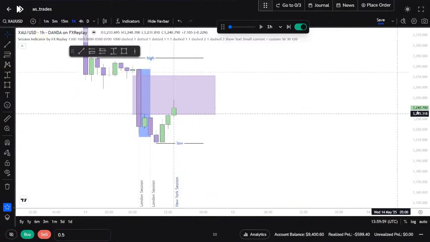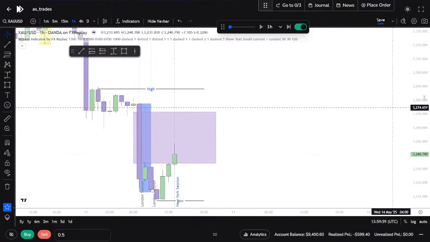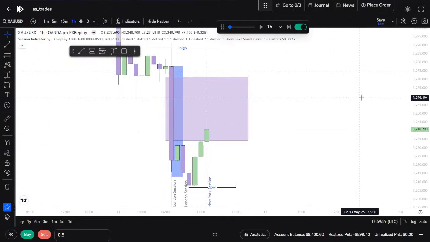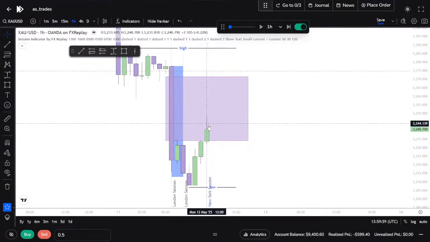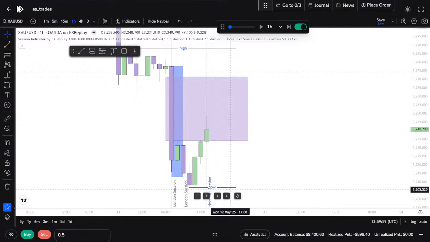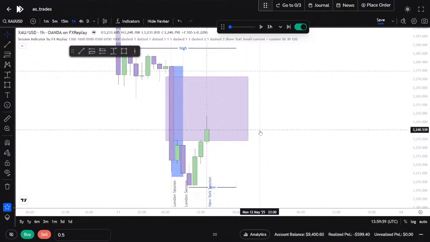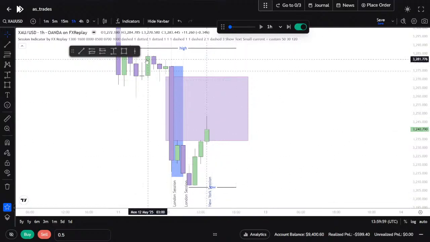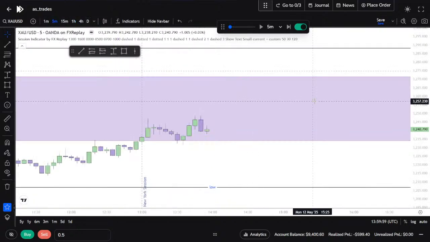Okay, so my market prediction is there's gonna be some sort of reversal here. It's gonna respect it because it's very strong. So it's gonna take that out and then take out the low and then potentially start to move up or just continue going low. But let's go 5 minutes.